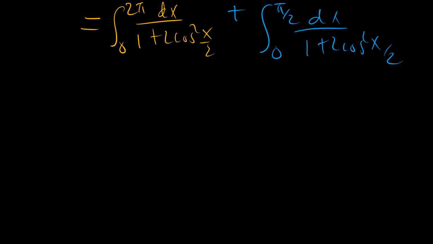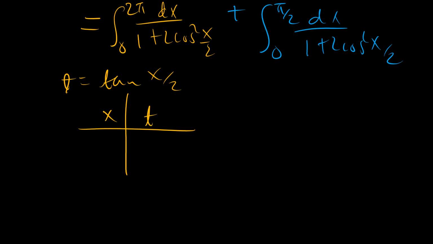So let's try to do the limits, right? So we said t is equal to tan x over 2. So for the yellow integral, we have x, we have t, we have 0, and then we have 2 pi, right? And we might have to split our integral into two, because we saw that it was symmetric.